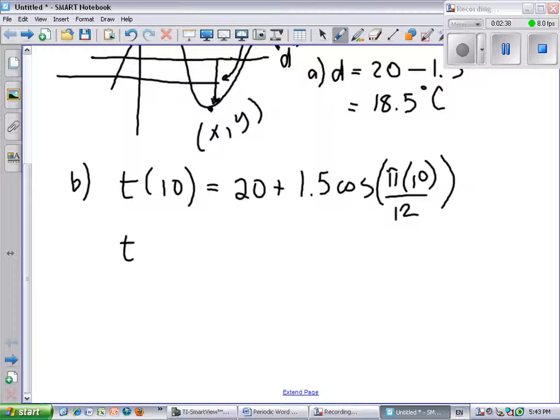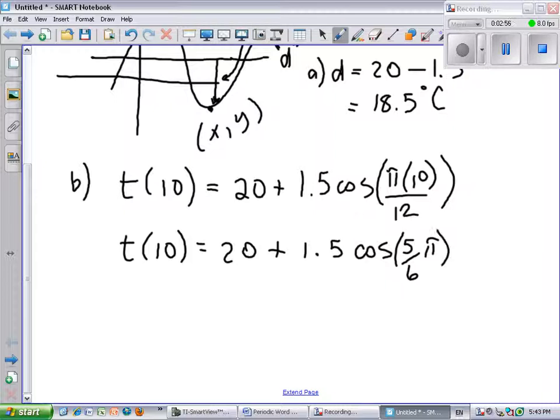Temperature at 10 equals 20 plus 1.5 cosine of 10/12 pi. 10/12 pi is 5/6 pi. And you'll recognize that as a nice unit circle value. So that becomes 20 plus 1.5. The cosine of 5 pi over 6 is a negative root 3 over 2.